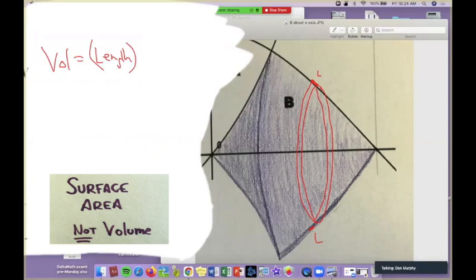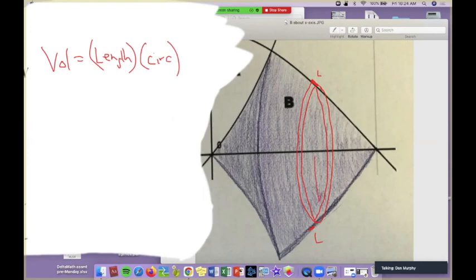So since we're talking about a volume of revolution, that length travels about a circumference, which is 2 pi r. And hopefully you guys are seeing that the r is defined by the function.